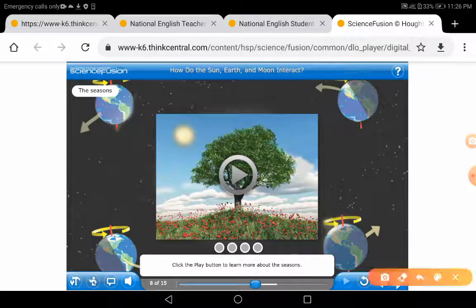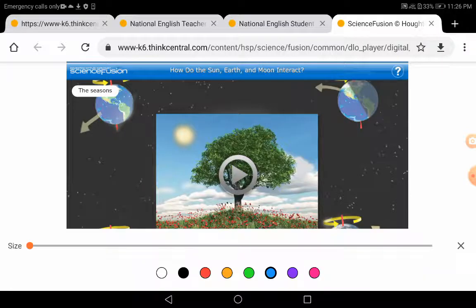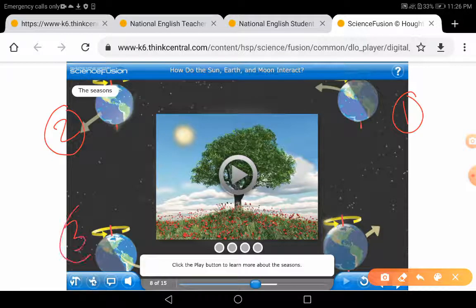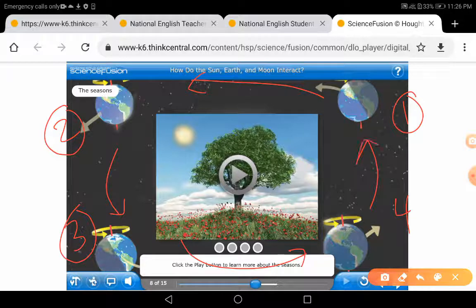Please, we have 4 positions. 1, 2, 3, 4. This is the direction the earth moves or revolves around the sun. And listen up, please.